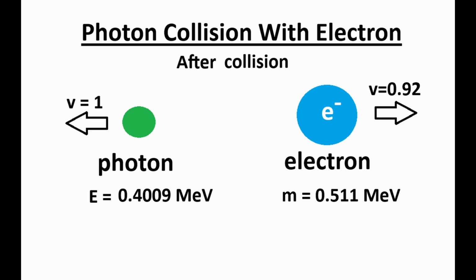After the collision, the electron is kicked forward at a speed of 92% of the speed of light, while the photon is scattered backwards with less energy and momentum. The total momenergy of the system before and after the collision is the same. Thus, photons can contribute energy and momentum to a system.